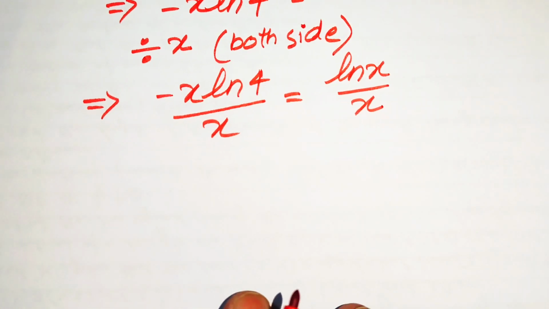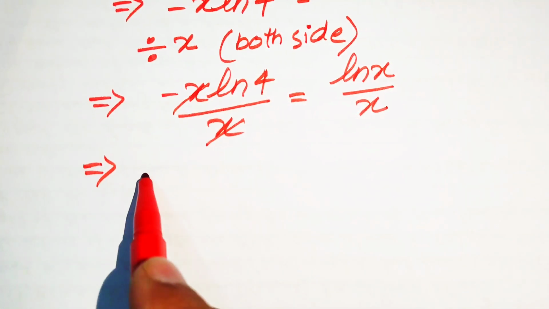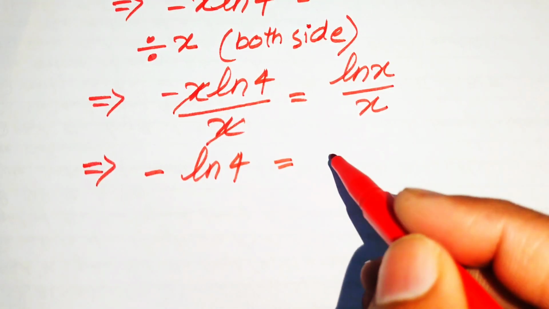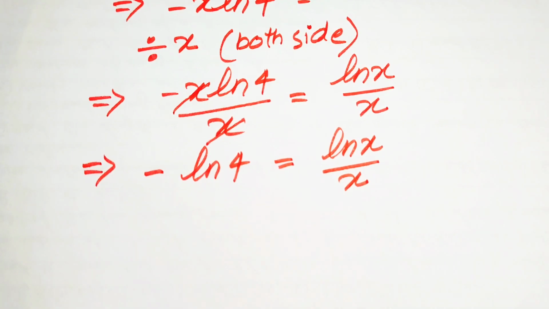Further in the next step, you see this x is cancelled out by this x, and it will be written as minus log of 4 equals log of x divided by x.